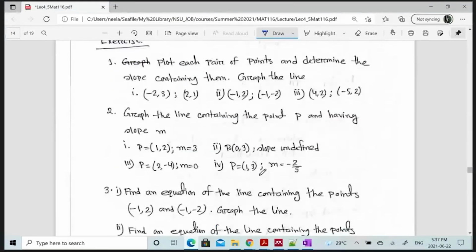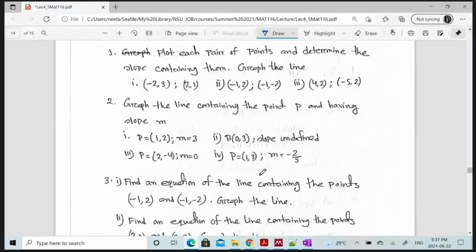And I recommend that you, at the weekend or whenever you get time, at least try to work on these exercises. Like you will see that it says plot each pair of points and determine the slope of the line containing them. So you allocate each pair of points and from there you get the line and find out its slope. Then graph the line containing the point P and having slope m.